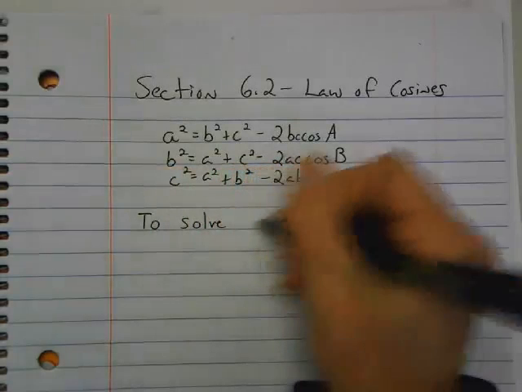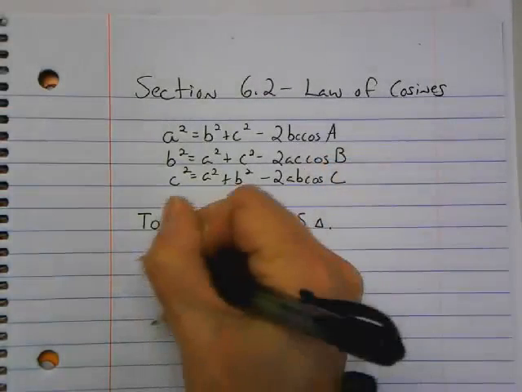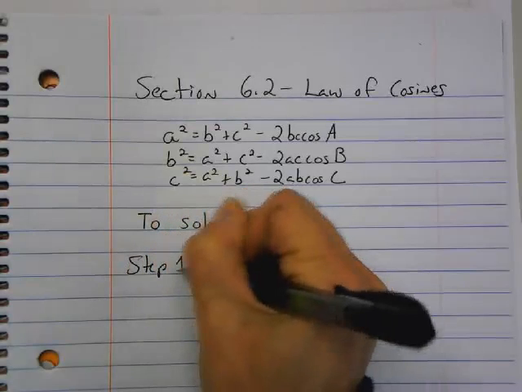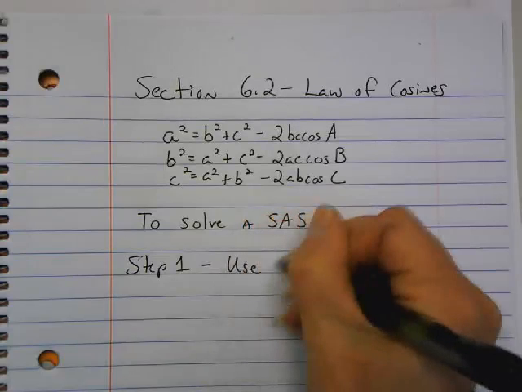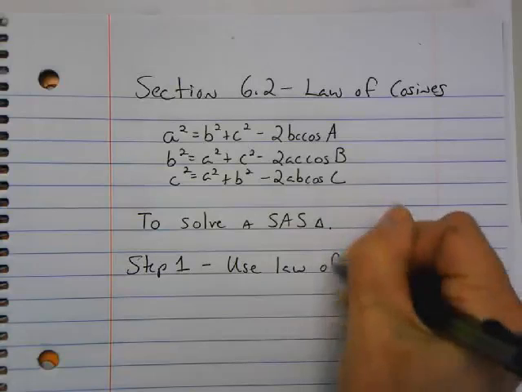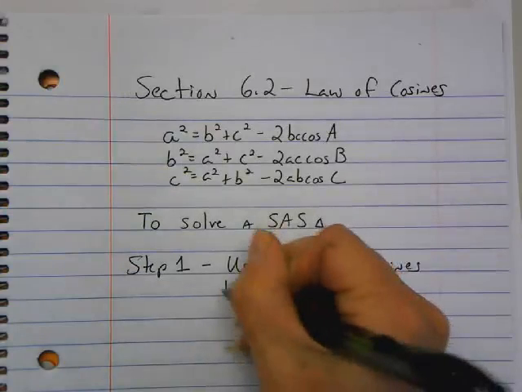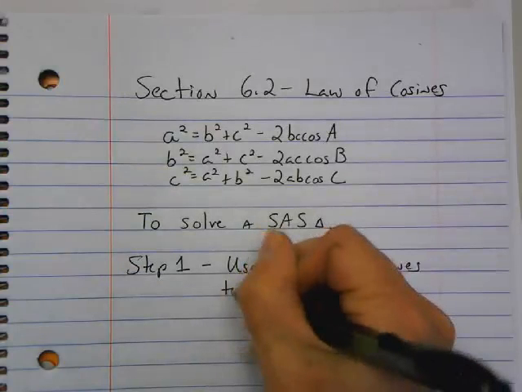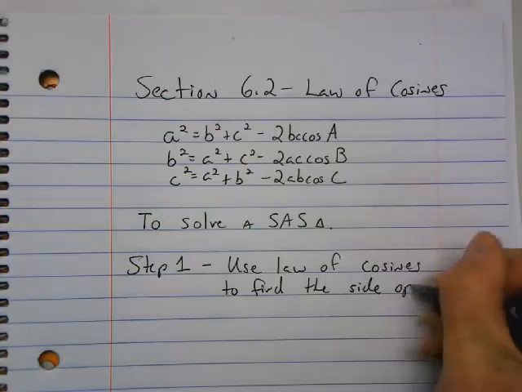To solve a side angle side triangle. Step 1: use law of cosines to find the side opposite the given angle.